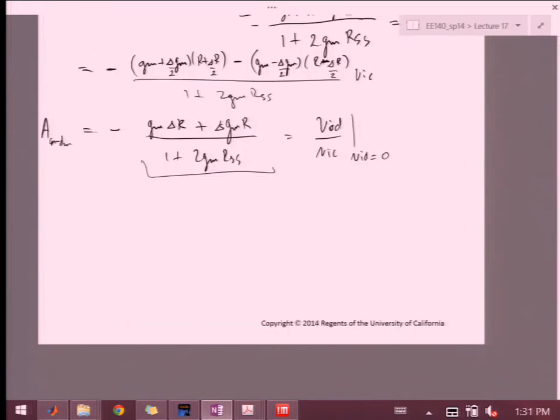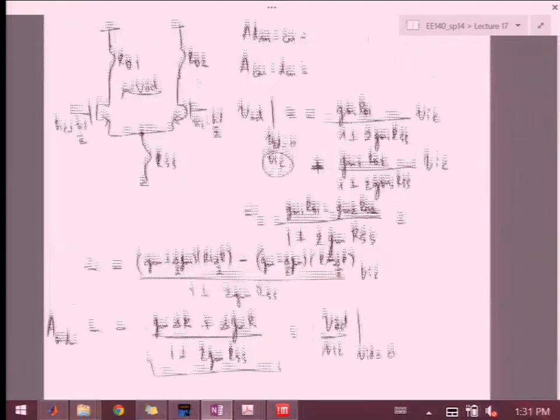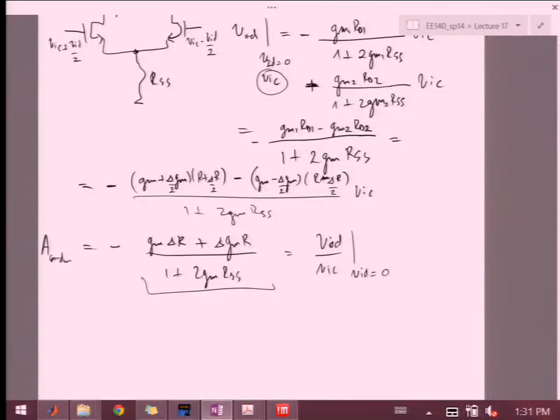Now, if you take a look at this whole model, the way we use the half circuit, we said essentially you have VIC, and then in one branch VID over 2, and then in another branch minus VID over 2. And that drove two half circuits and then produced VO1 and VO2, right?